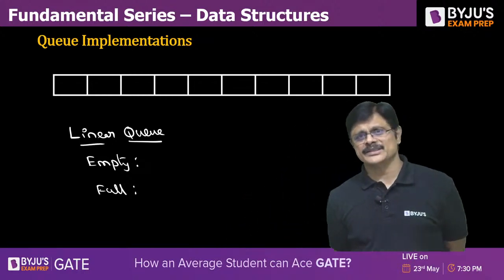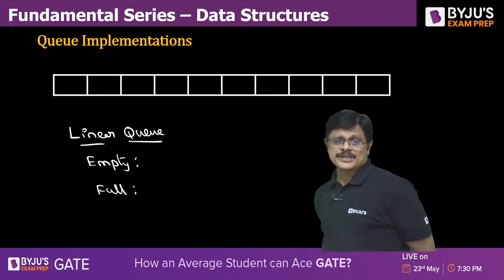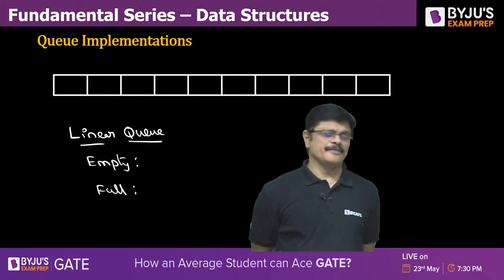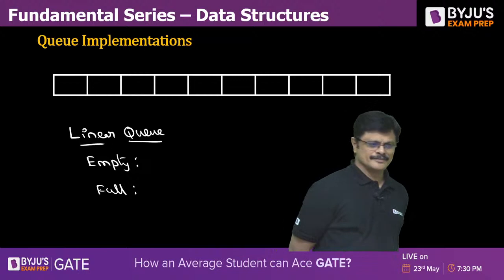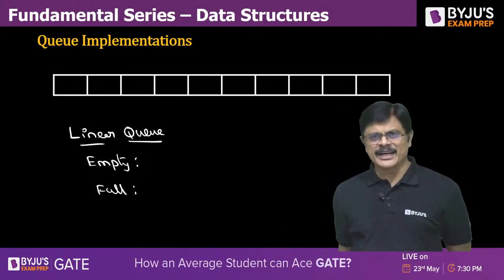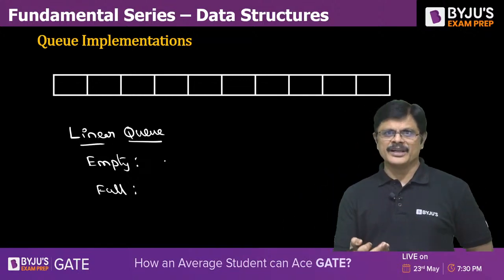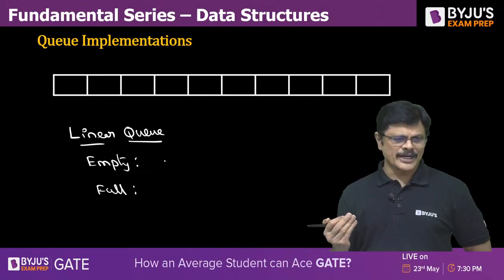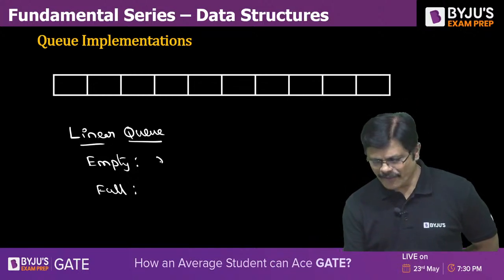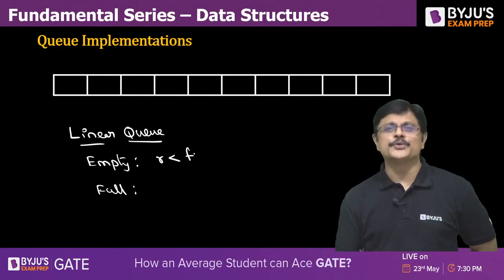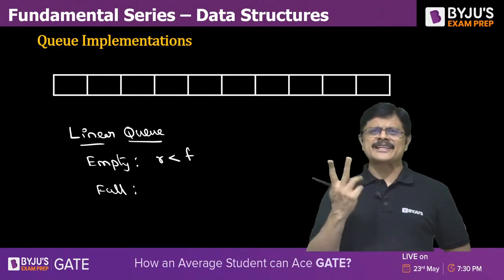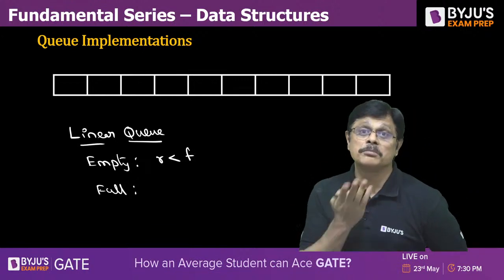This is very important, this kind of question can be asked in the examination. Please tell me, what is the empty condition? Just now we did it, not long back. Is it rear less than front? Yeah, rear less than front is the Q empty condition.